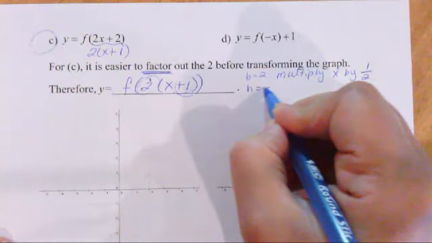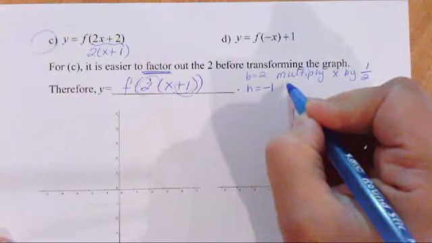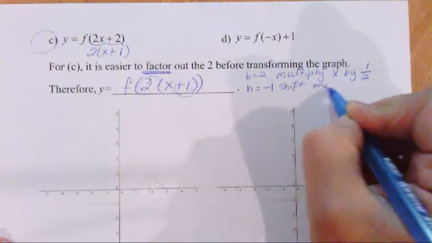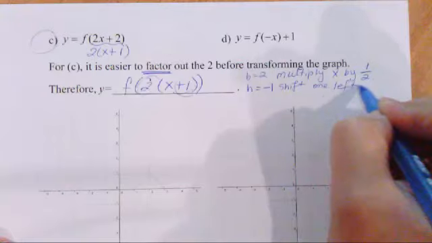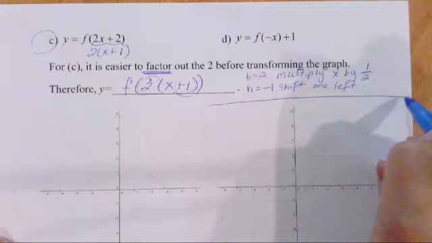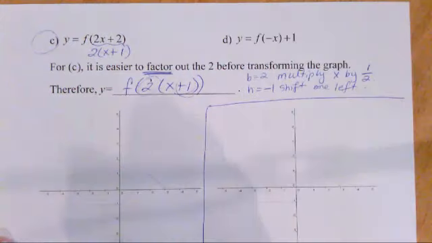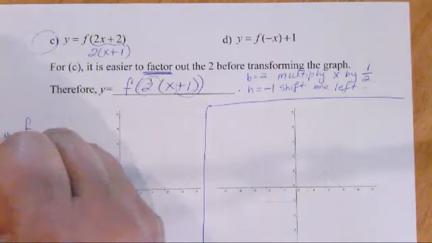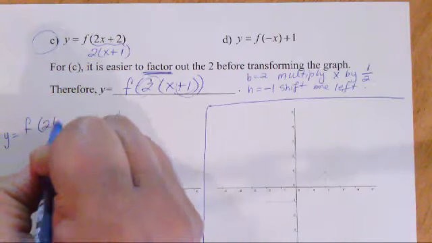Our h value is negative 1, so we shift over 1 to the left. Okay. Now, just so that we're clear, this is all for C. I'll just write the equation here so that there's no confusion.